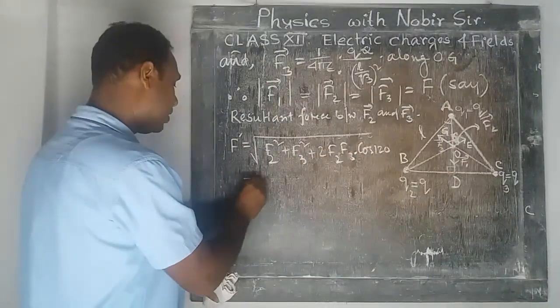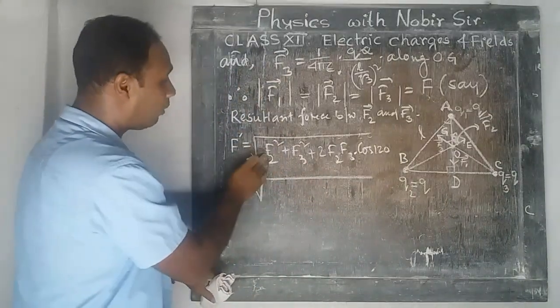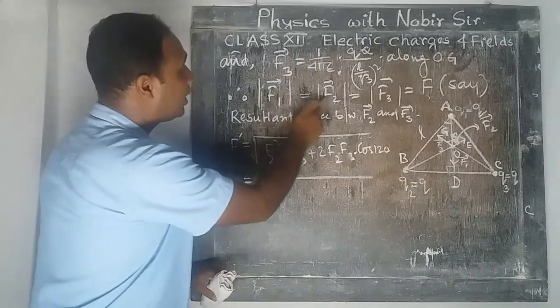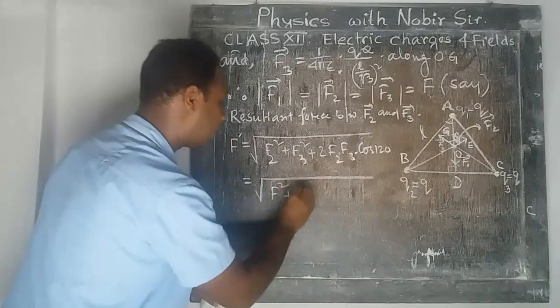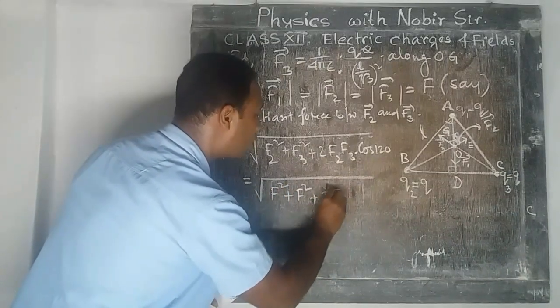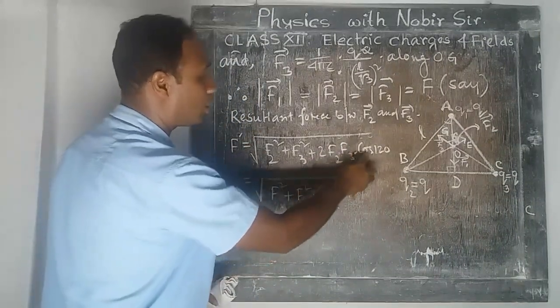Okay, so that implies we can find F2, meaning the magnitude of the vector F2. Its magnitude we have taken as F, so we can write F square plus F square plus 2 into F2 F3, meaning 2 F square, F2 or F3 value is F, so F square, cos 120.